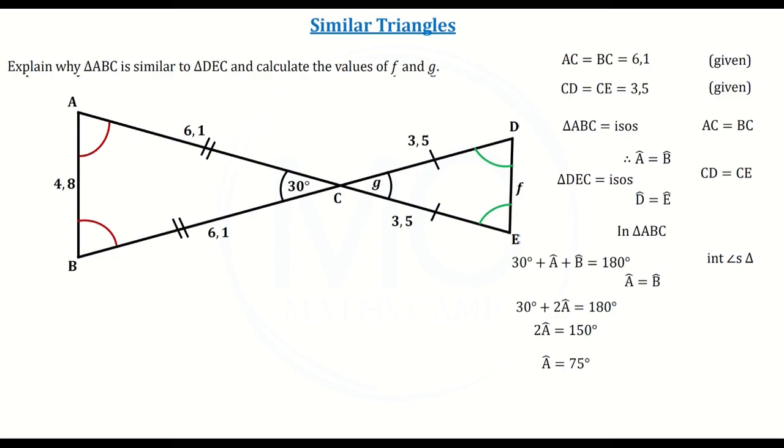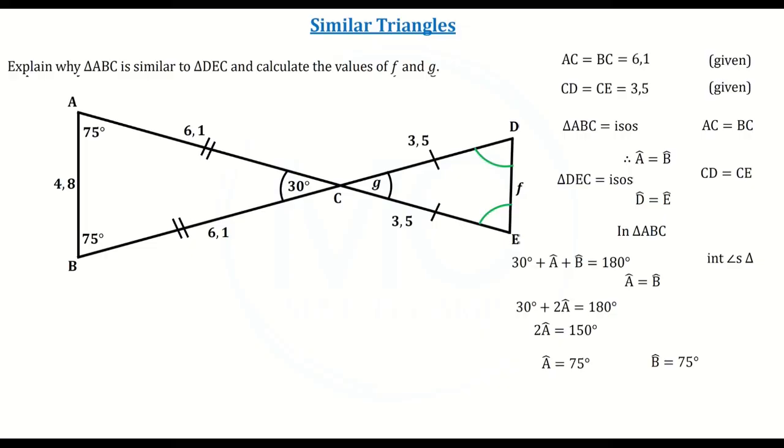But remember that angle A is equal to angle B, which means that angle B is also equal to 75 degrees. And now in our diagram, let's take out our red curve at angle A, write in 75 degrees, and we can do the same for angle B.